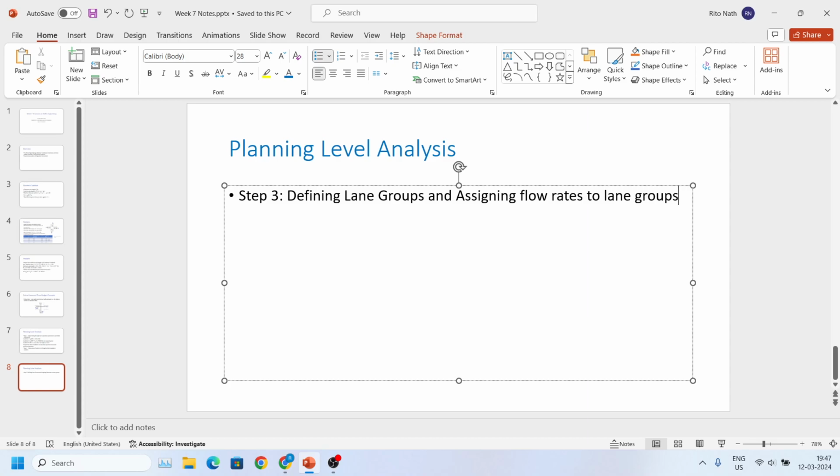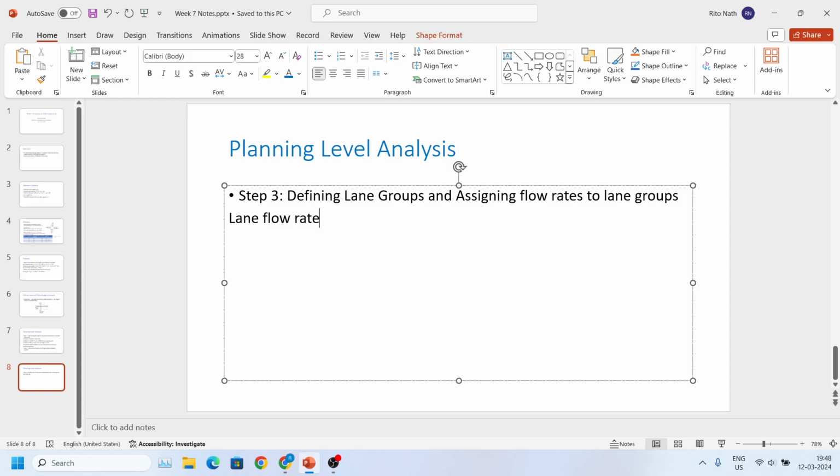Once you define these lane groups, you come up with the lane group flow rate, divided by the number of lanes associated with the lane group to obtain the lane flow rate. So the important thing here is the lane flow rate: whatever flow rate you have, divided by the number of lanes associated with that lane group.